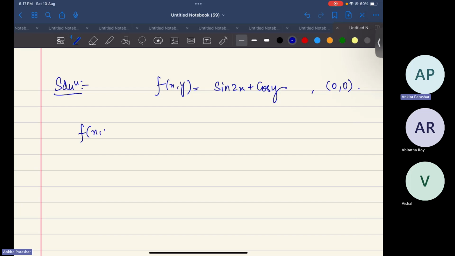So by definition, the expansion is this.